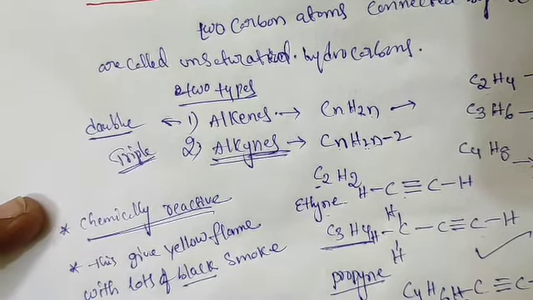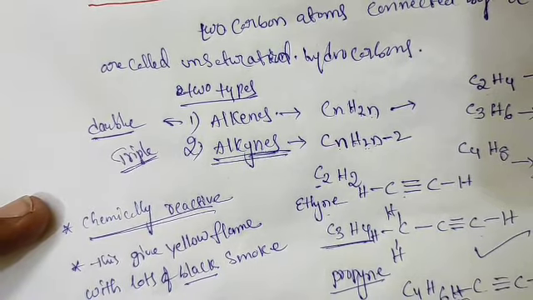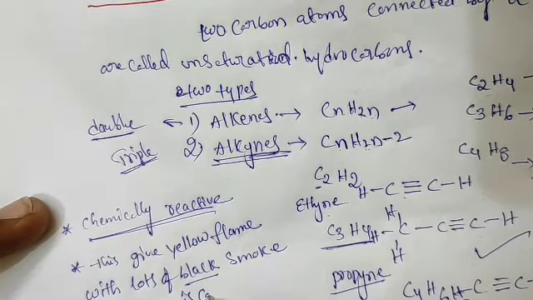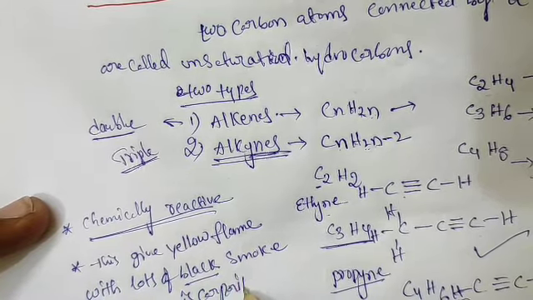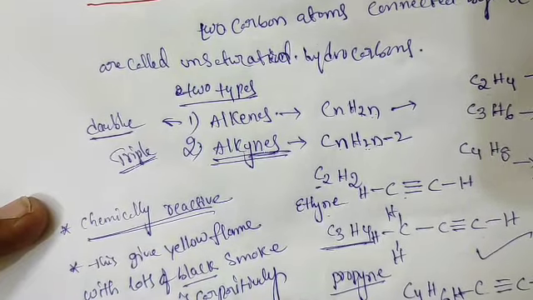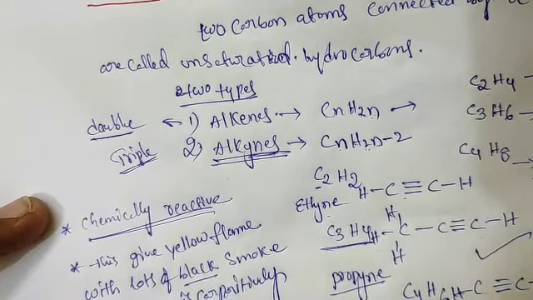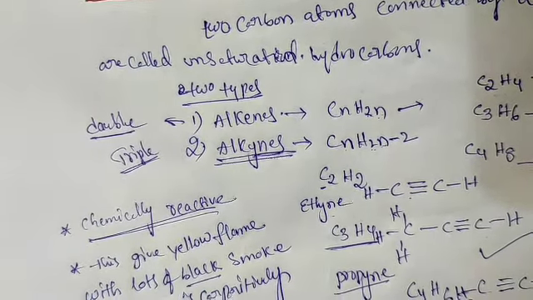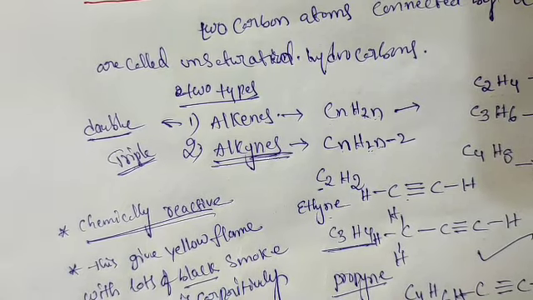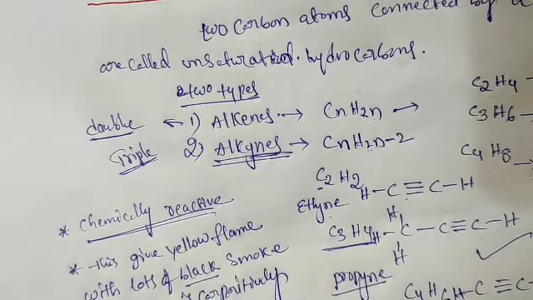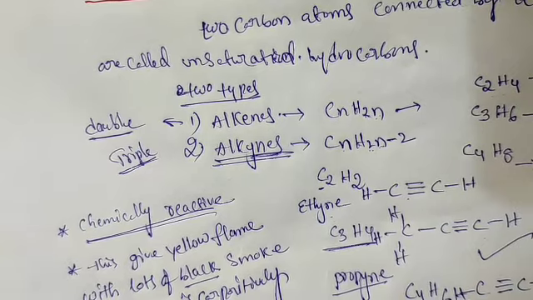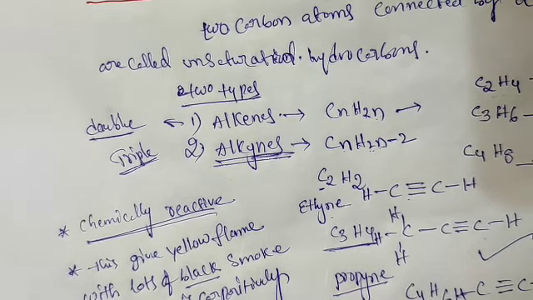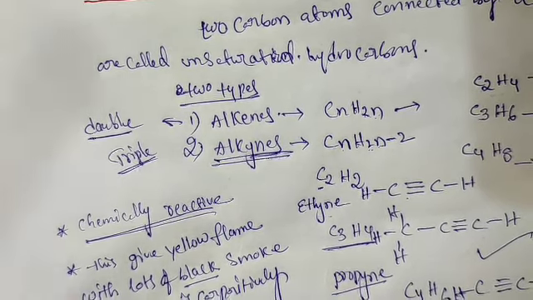This is because the percentage of carbon is comparatively very high in unsaturated compounds compared to saturated ones. A high percentage of carbon atoms is there.